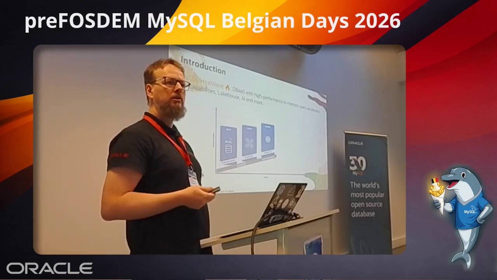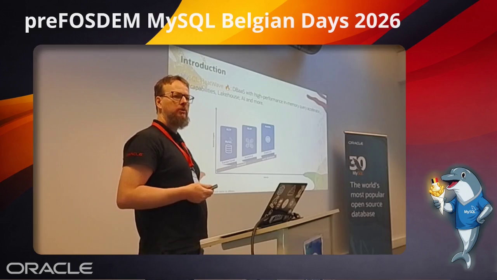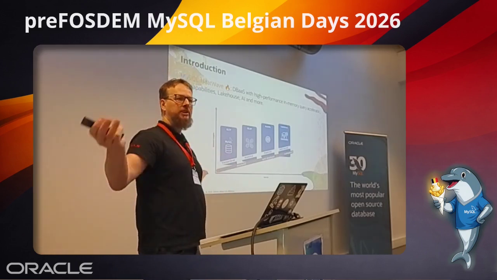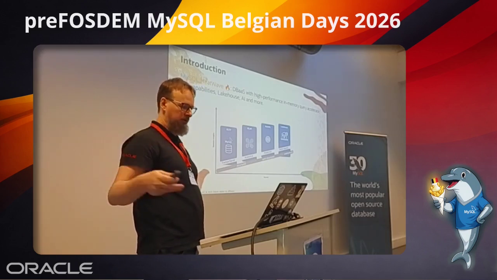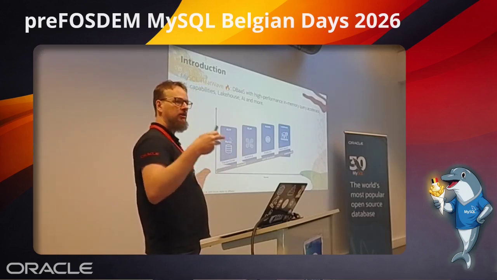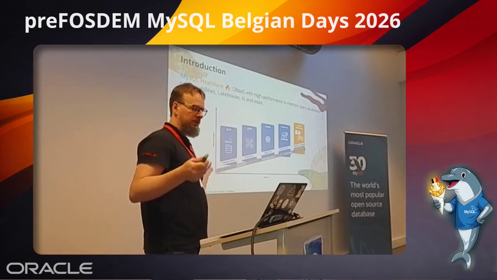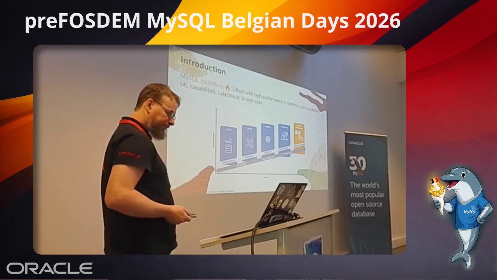Maybe you saw that yesterday with Mario. We have Lakehouse, so data in object store, in different formats like Parquet or whatever, and you can read from it. And now we also have vector store with GenAI, right?